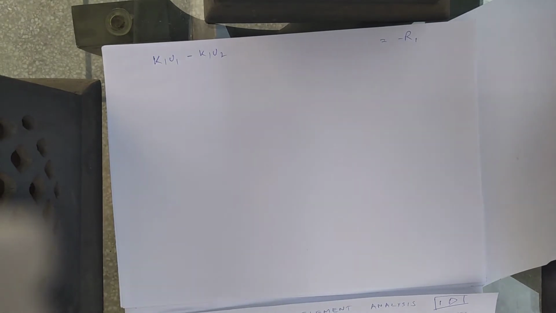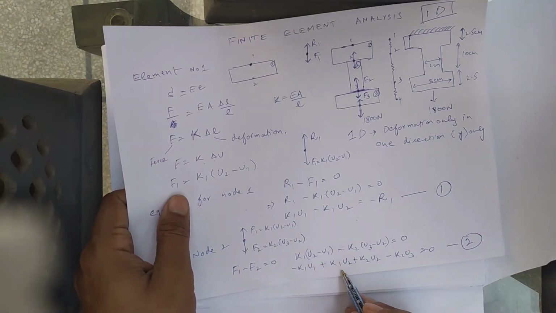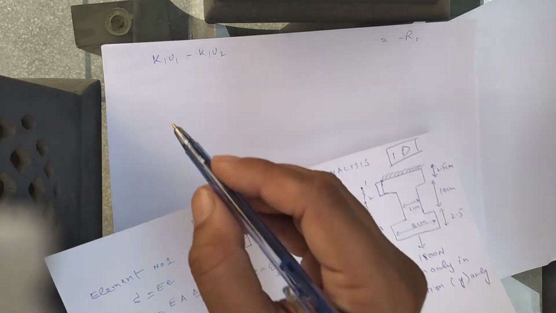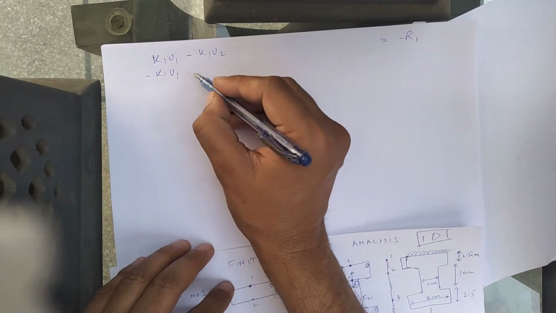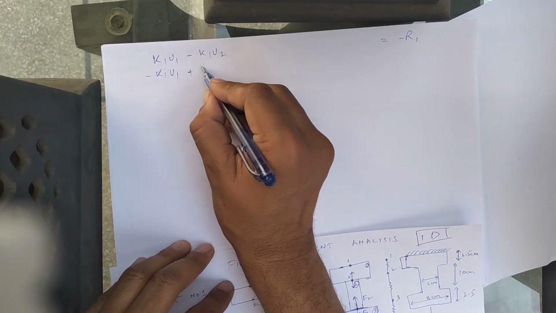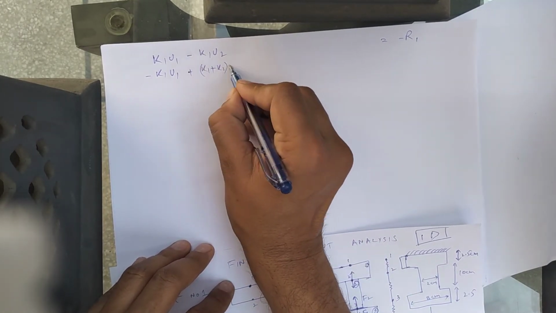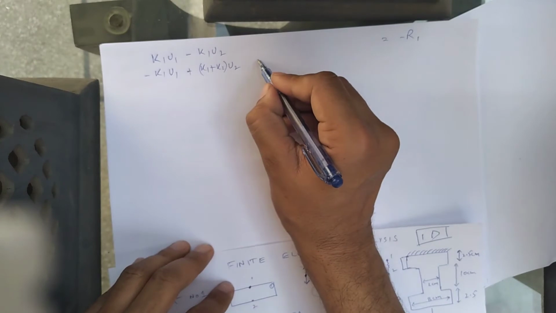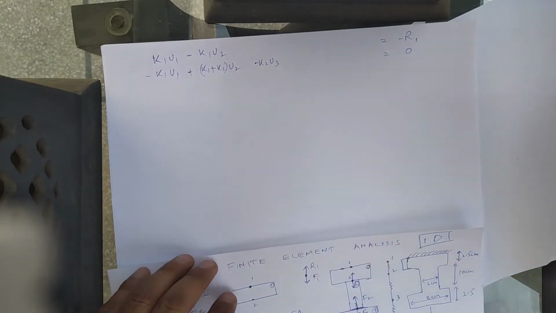Then we have the second equation, where we can take U2 common, right? So that will be minus K1 U1 plus K1 plus K2 times U2 minus K2 U3 is equal to 0.